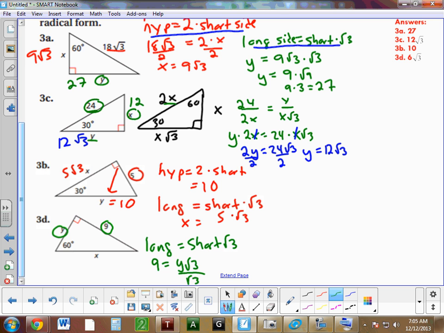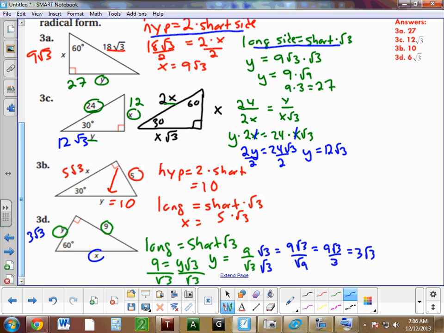If I just divide that by root 3, I get y equals 9 over the square root of 3. Now again, I have to rationalize the denominator. So just to remind you, I have to multiply this by the square root of 3 and this by the square root of 3, which is 9 root 3 over the square root of 9, which is 9 root 3 over 3, which is 3 square roots of 3.